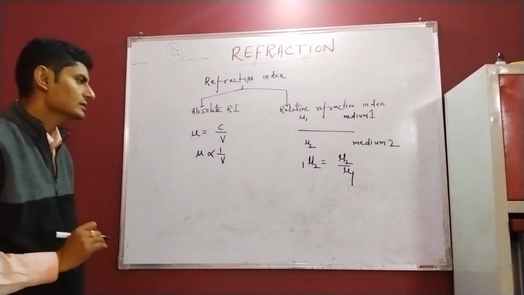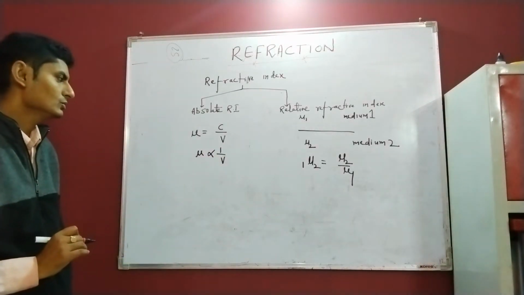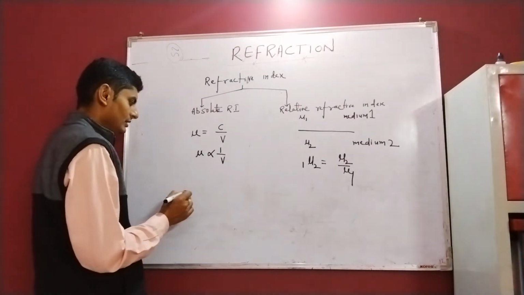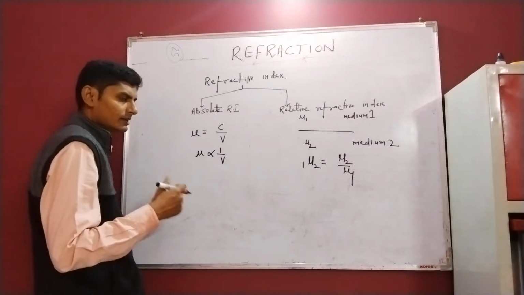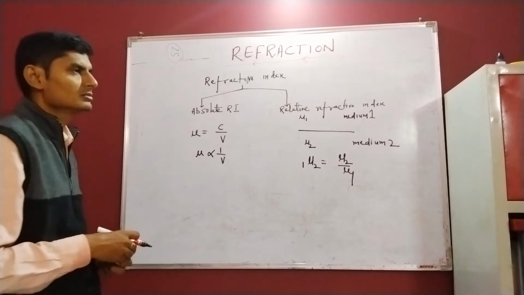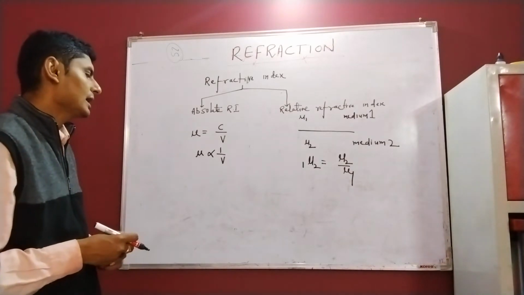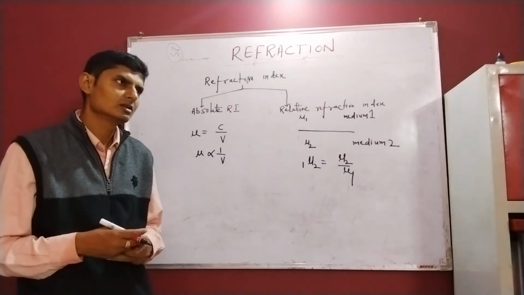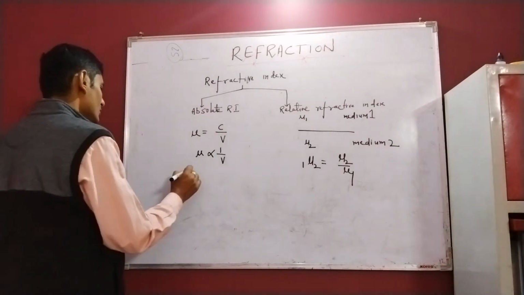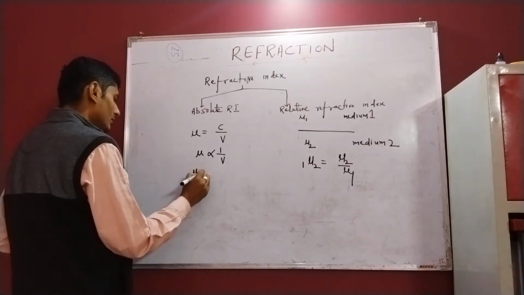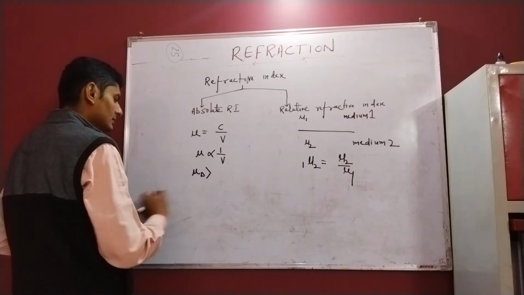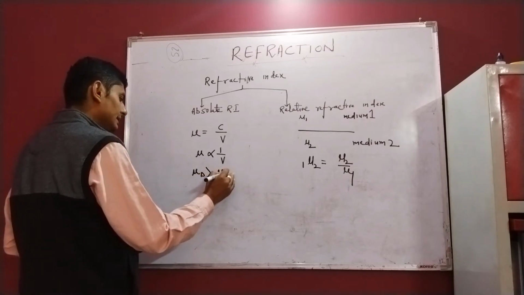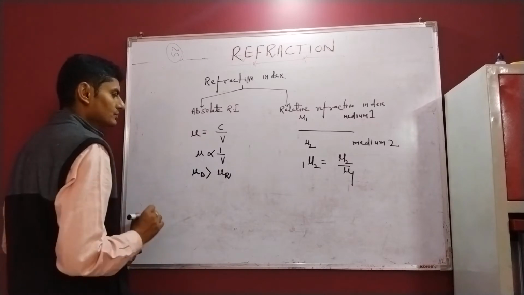And for your information, if a ray goes from rarer to denser medium, then the denser medium has greater refractive index as compared to the rarer medium. So the refractive index of denser medium is greater than that of rarer medium.